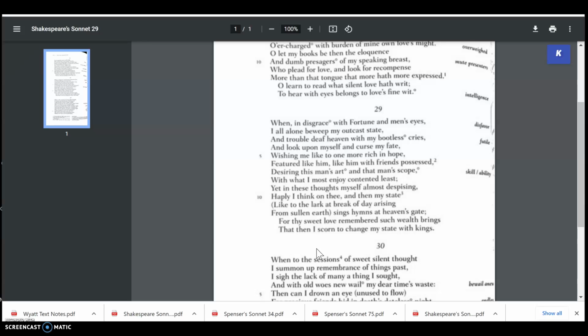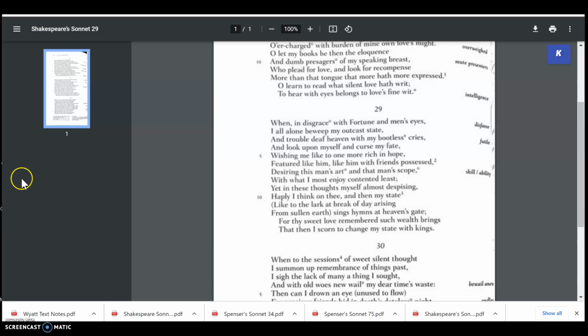And usually that setup is the couplet changes everything. It's kind of like the first 12 lines are posing a question or a problem, and then the last two lines, the rhyming couplet at the end, provides the solution or changes everything in the poem.